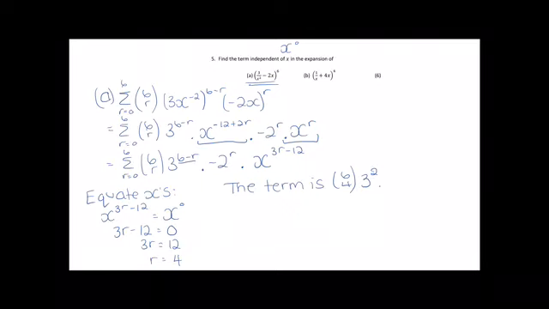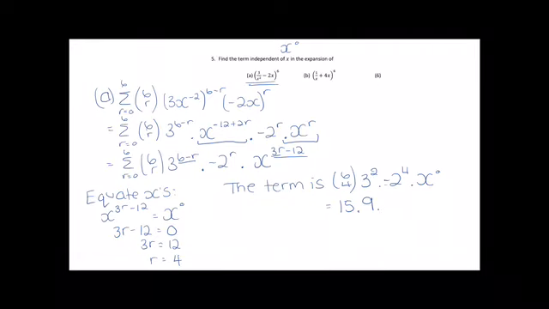Then we've got negative 2 to the power r, so negative 2 to the power of 4, times by, so 3 times 4 gives us 12, take away 12, gives us x to the power of 0. So 6 choose 4 is 15. Times it by 3 squared, which is 9.